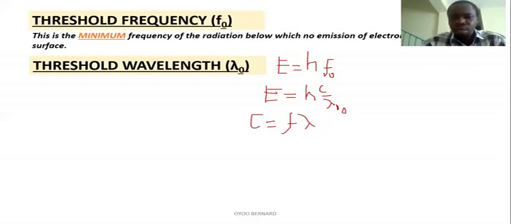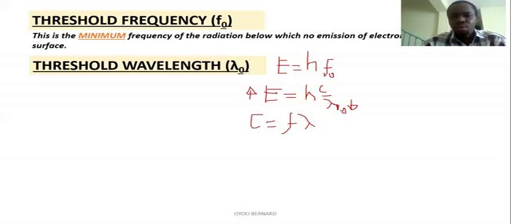For a number that is dividing, if you want to get a bigger quotient, then you have to ensure that it's as low as possible. So lambda should be as low as possible for us to have a greater value of energy. This should be decreasing so that we get a greater value of energy.